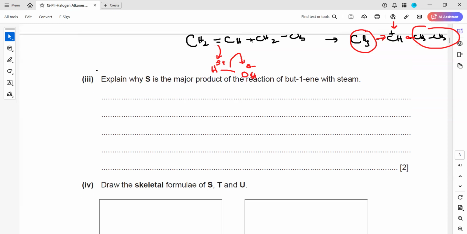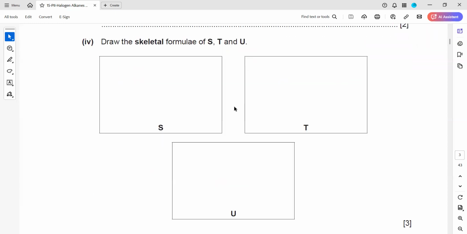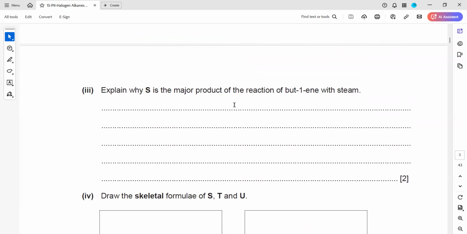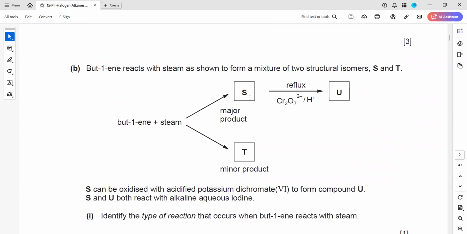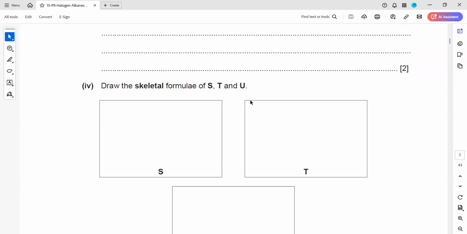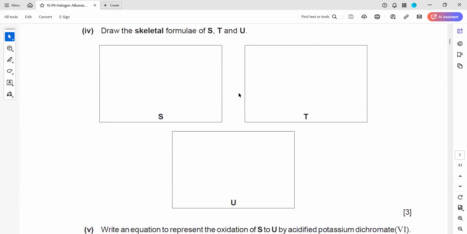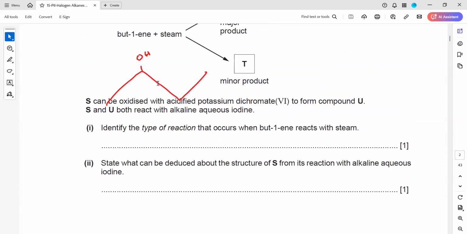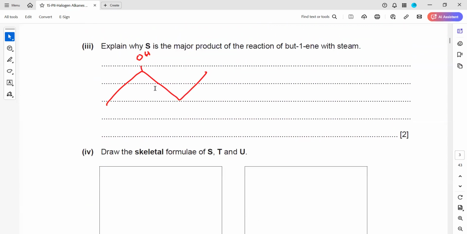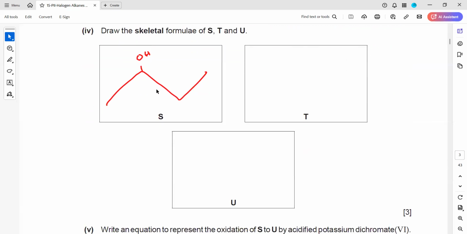The next is draw the skeletal formulas. If they mention a skeletal formula, you have to draw a skeletal formula; you cannot draw it like this. S is butan-2-ol: 1, 2, 3, 4, and then OH is there. So this is S. What about T? T was a minor product, so it was butan-1-ol.